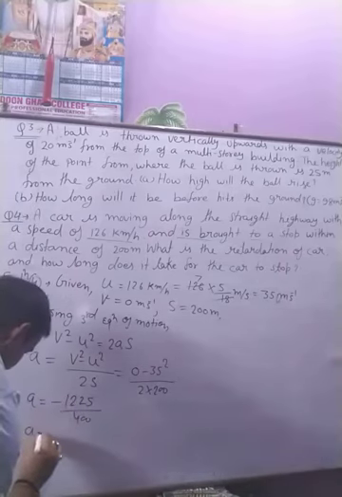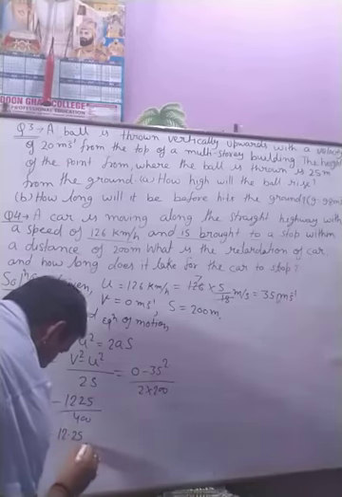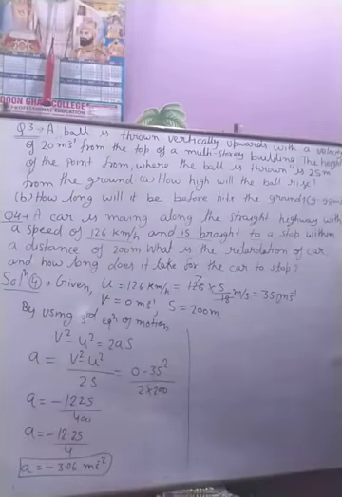This we calculate is minus 12.25 upon 4, which is a is equal to minus 3.06 meter per second square approximately. ये आपका एक्सेलरेशन आ जाएगा. Now we need to calculate the time to stop.